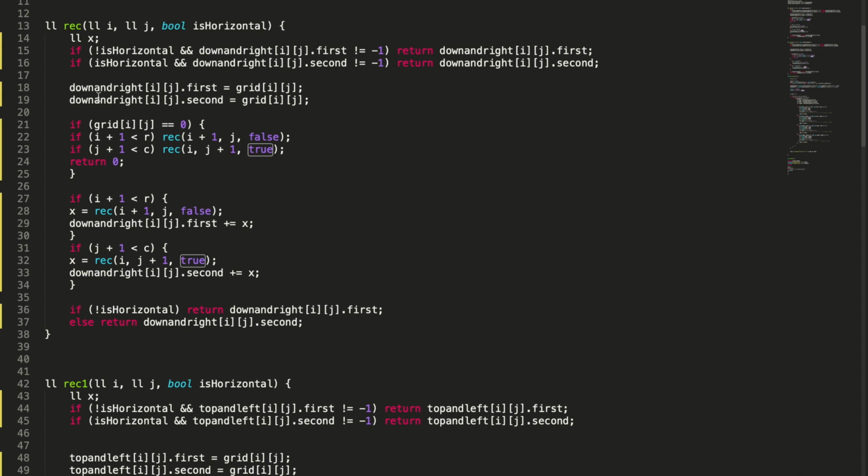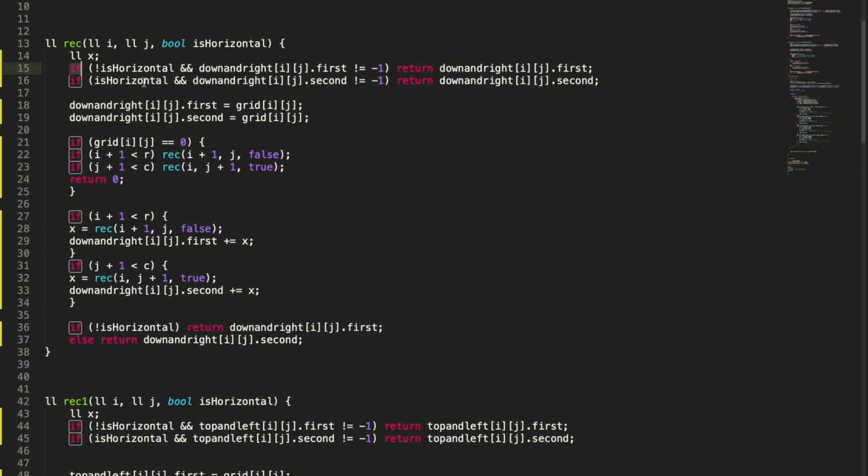First of all I will check here, since I'm using a dynamic programming approach and I don't want to end up with exponential time complexity, whether the value of the first in the pair is not equal to -1.